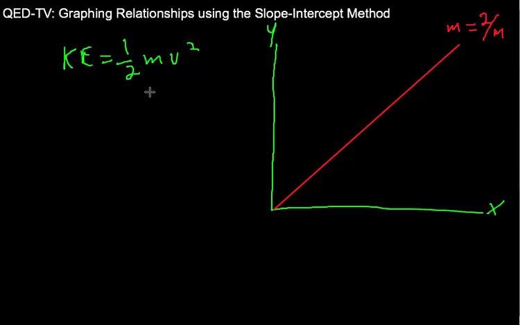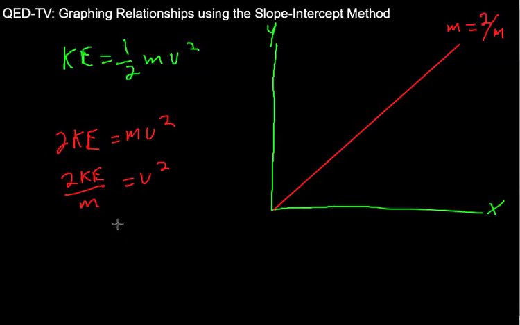So I could take 2 times the kinetic energy, which would equal mv squared. I could divide both sides by m. I'd get 2 KE over m equals v squared. And if I flip this over, I have v squared equals 2 over m times KE.